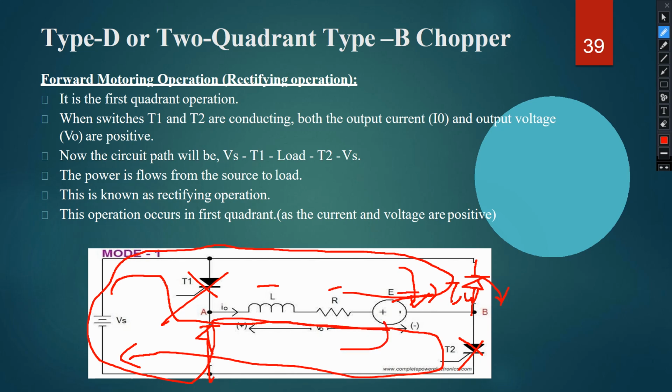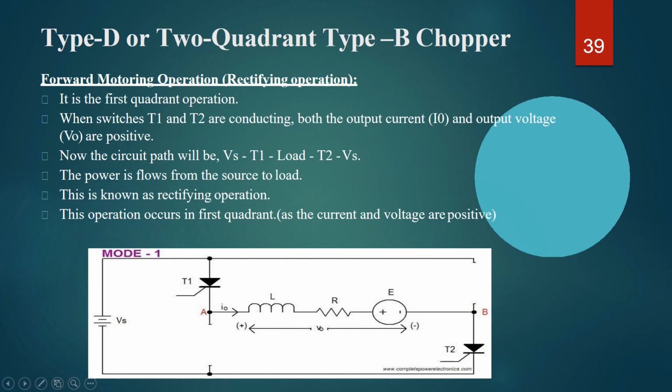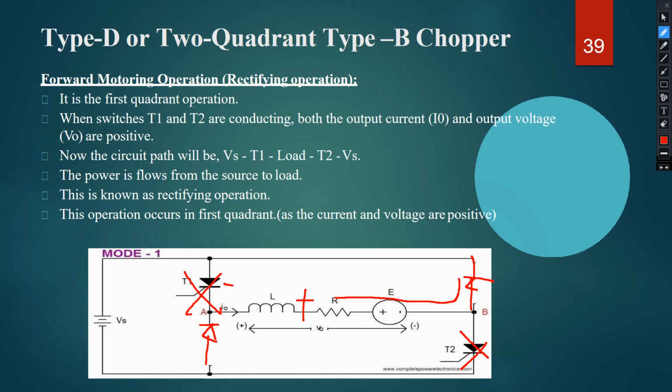I will just explain here again for the negative or regenerative braking path. So let these be the diodes. When these two switches become off, the polarity of the inductor will reverse and it will flow through the diode like this.